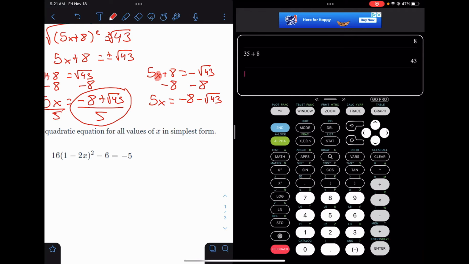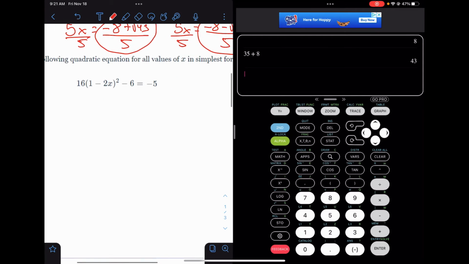And typically you write the radical portion of a number second, right? So for example, you technically could write negative root 43 and then minus 8, but I just like to keep my radical second because that's nicer in terms of math speak. All right, we divide by 5, and this is our other answer.